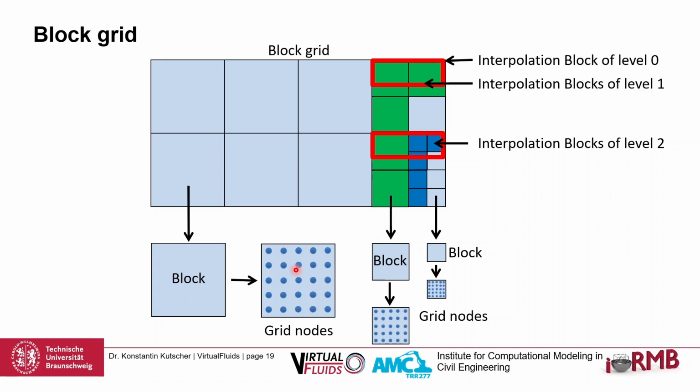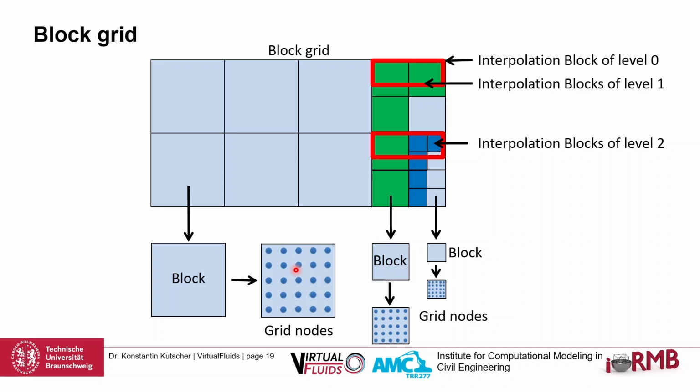Grid generation also happens in this order. First we generate blocks without nodes, and it happens very quickly, because we have a very coarse structure and we don't allocate a lot of memory.